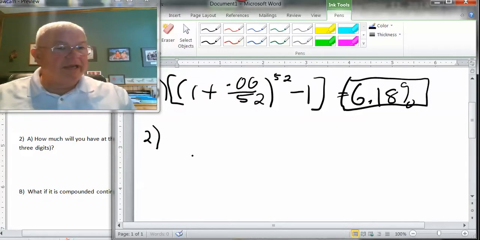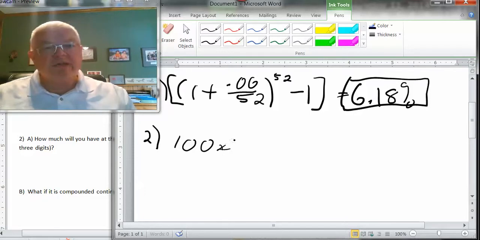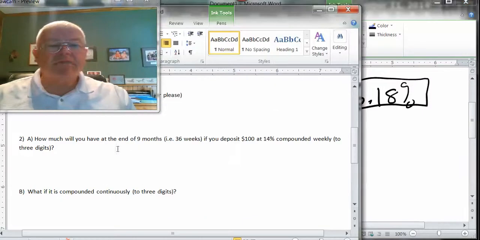What do I have? Well, I have $100. I'm earning interest on that. I have 14%, and I'm going compounded weekly. I'm going 9 months.